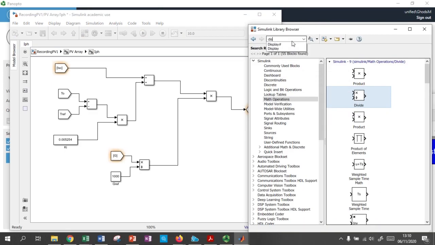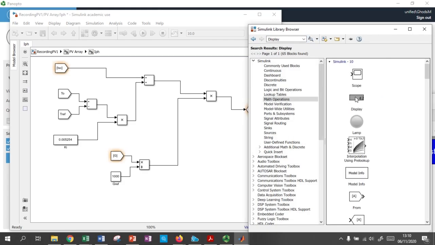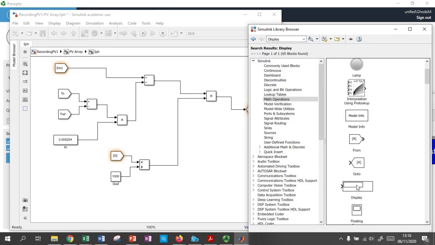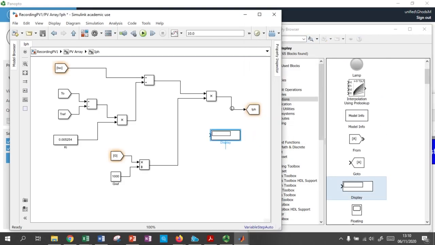Then it's not bad to have one display. The display is here.